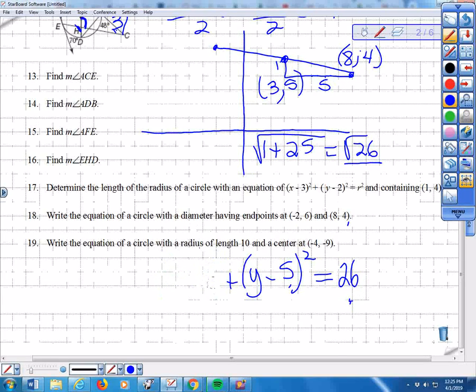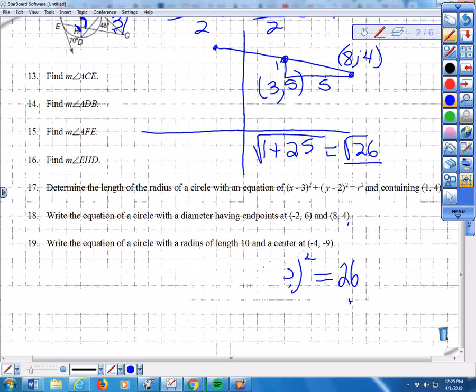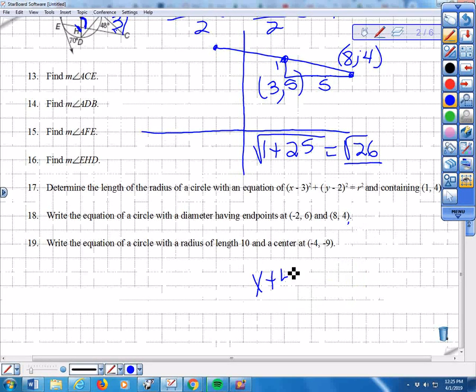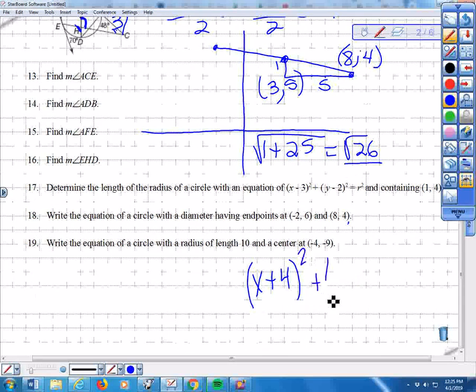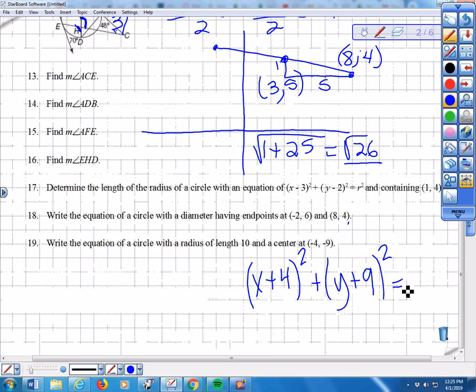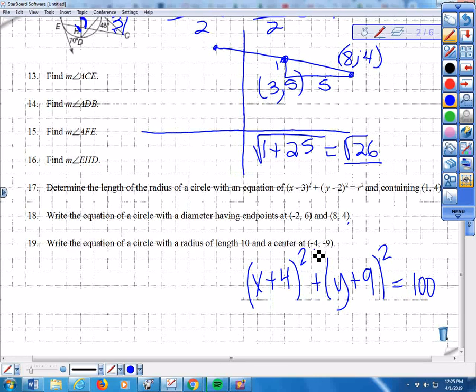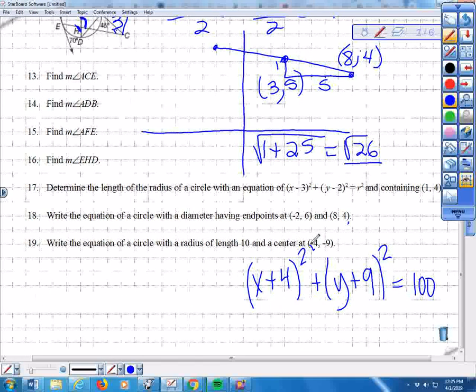And then 19. Find the equation of a circle with radius of length 10 and a center at -4, -9. This is easy. X minus the x-coordinate. X-coordinate's -4, which makes it x plus.